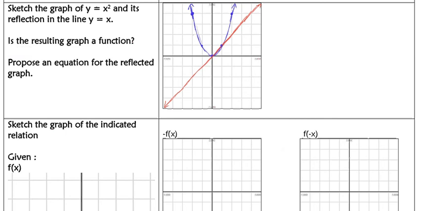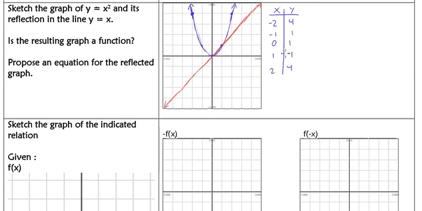Remember that as you have the points, let's write down some of these points on the original function of y equals x squared. So we're going to have negative 2, 4, negative 1, 1, 0, 0, 1, 1, and 2, 4.